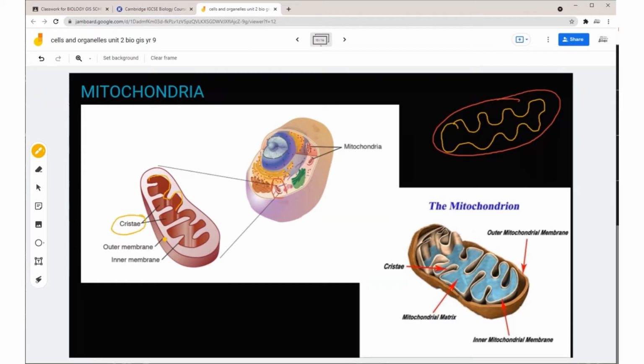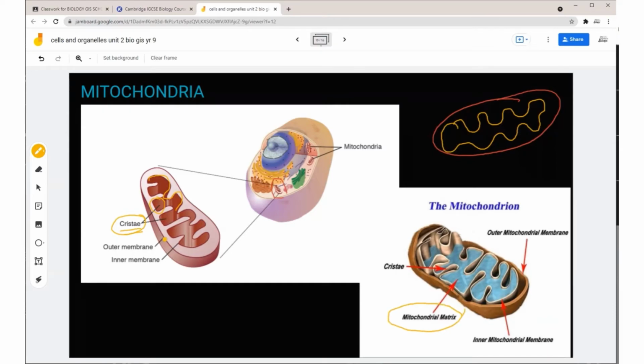What's the name? Cristae. So the outer membrane is smooth, the inner membrane is enfolded, and this enfolding is called cristae. But do you think torture is over? Inside these enfoldings there is a fluid, and we call it the mitochondrial matrix.